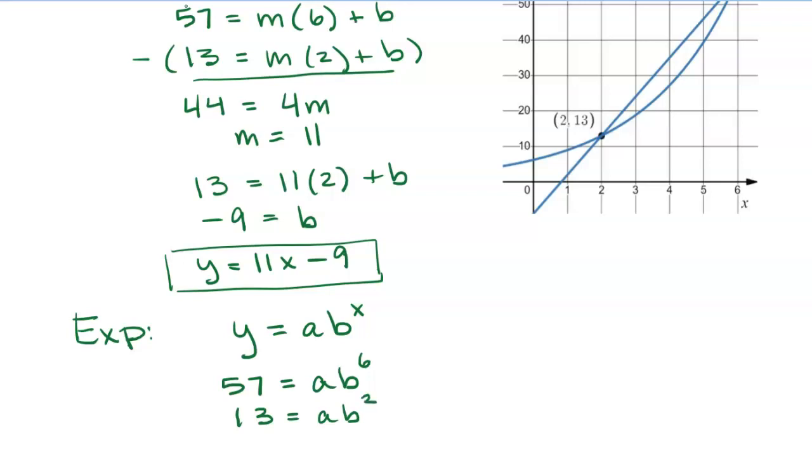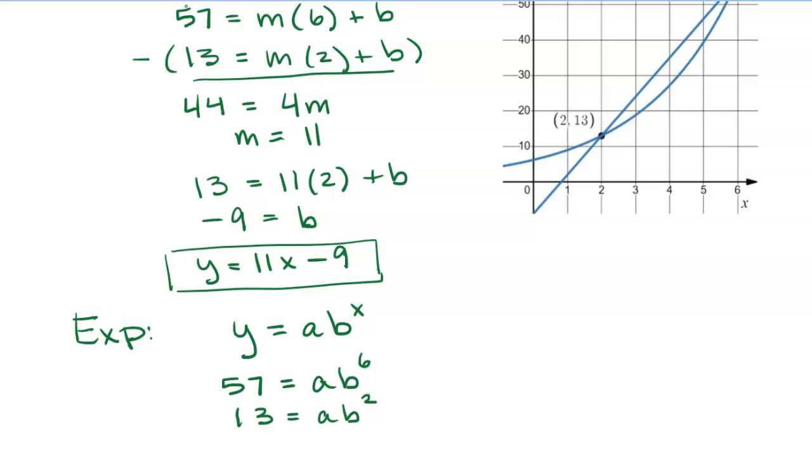This one doesn't work out as nicely as the last one where we had the initial value. The initial value is not given. We're given the values at x equals 2 and x equals 6. If we had x equals 0, it'd be a lot easier, because then we can directly solve for a. We know the initial value. Here we don't, but we have these 2 equations.